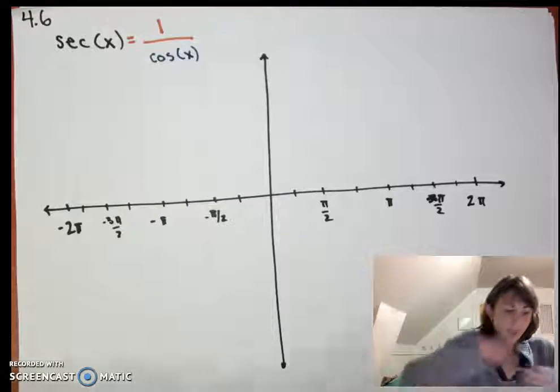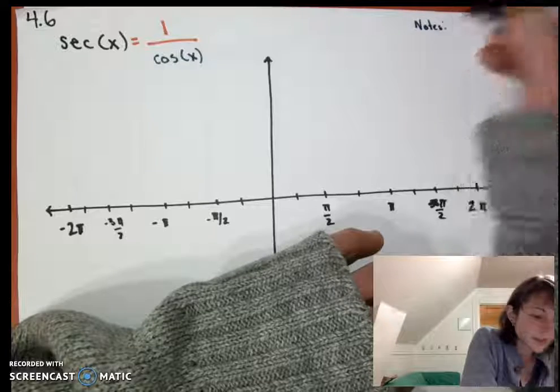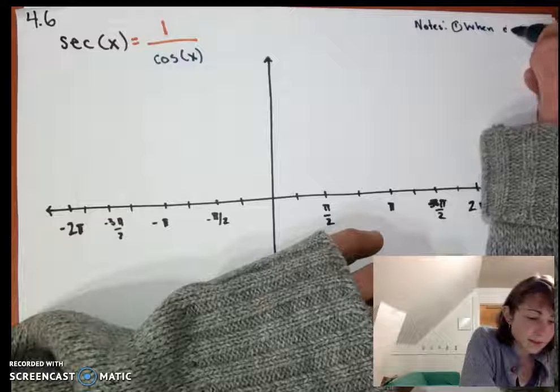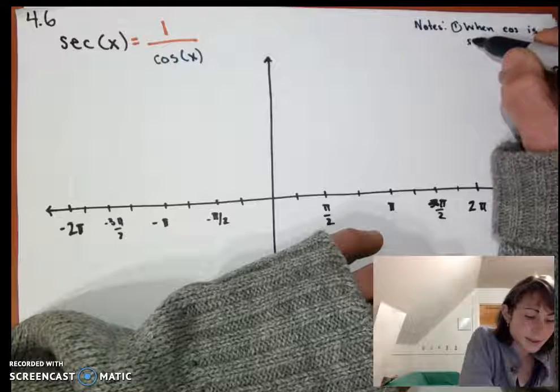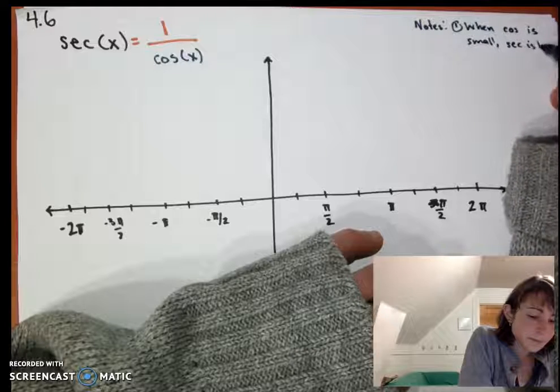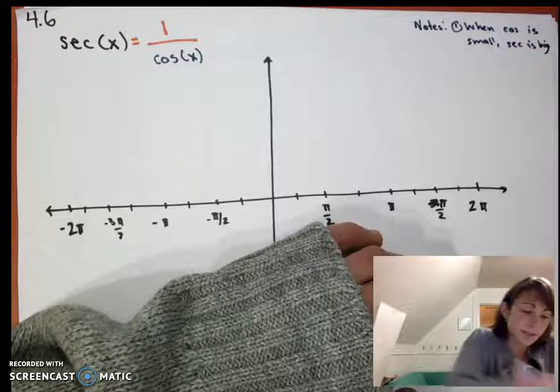So just some little notes. When cosine is small, secant is big. And vice versa, when cosine is big, secant is small.